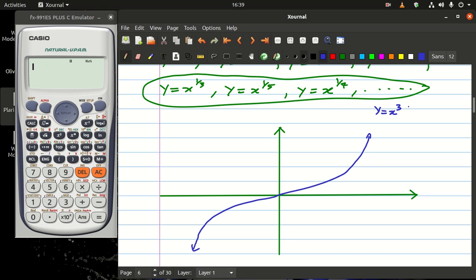So this is the shape of this curve there. Now, if we interchange x and y here, we will end up having x is equal to y cube. And when we are solving for y here, we'll end up having the cube root of x is equal to y, or y is just equal to x to the power 1 over 3.